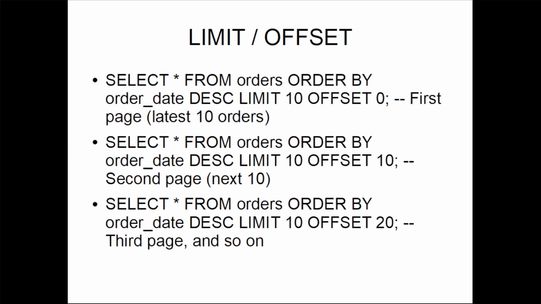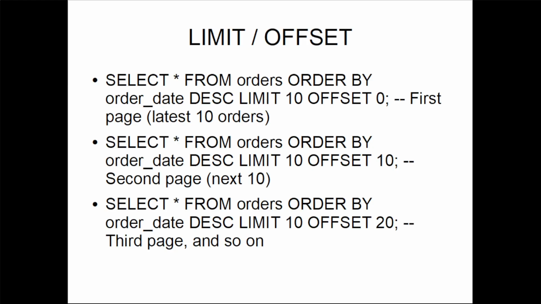Since we are talking about limit and offset, here is a nice real-world example. When retrieving data from a database, sometimes you do not want to see all results at once, especially when there are many records. Instead, you might want to view them in pages, like when browsing products in an online store. Limit tells the database how many rows to return, or display.